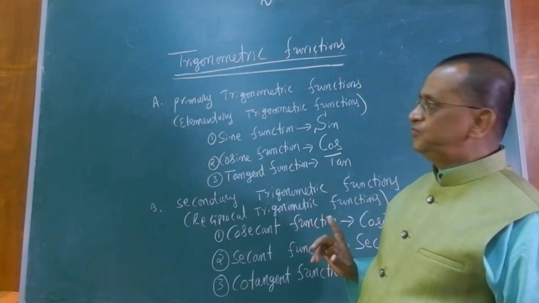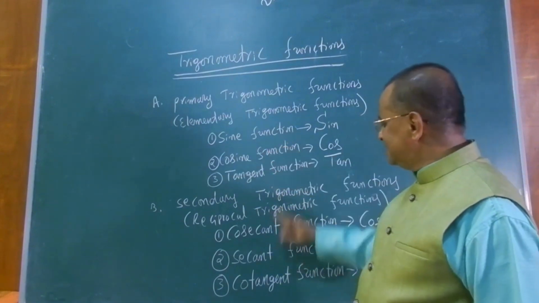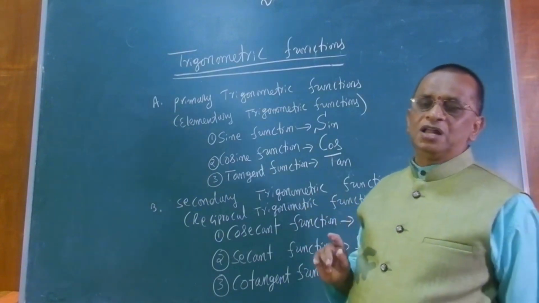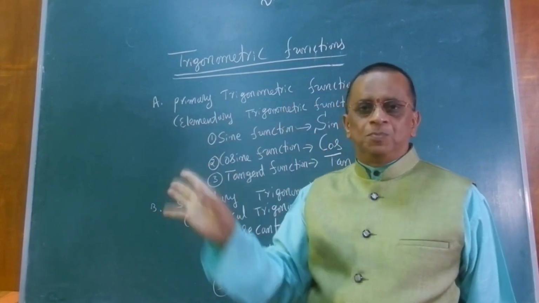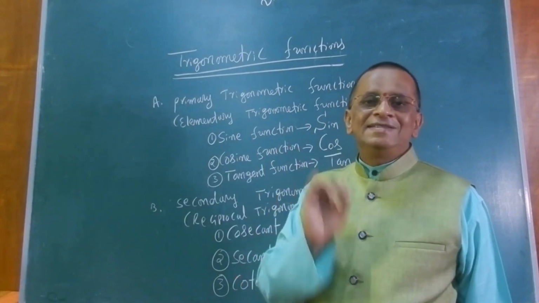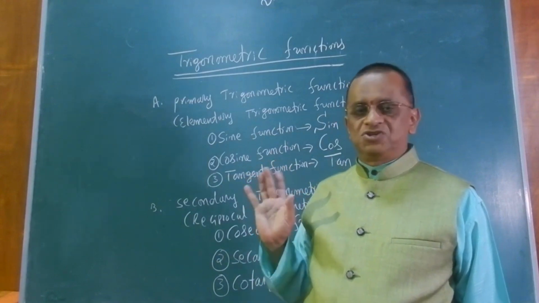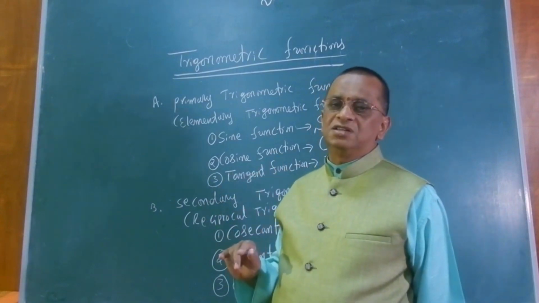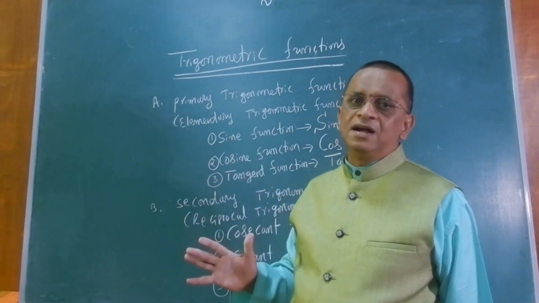Therefore, sine and cosec are reciprocals, cos and sec are reciprocals, tan and cot are reciprocals. And therefore, we come across 6 trigonometric functions: sine, cos, tan, cosec, sec, cot.